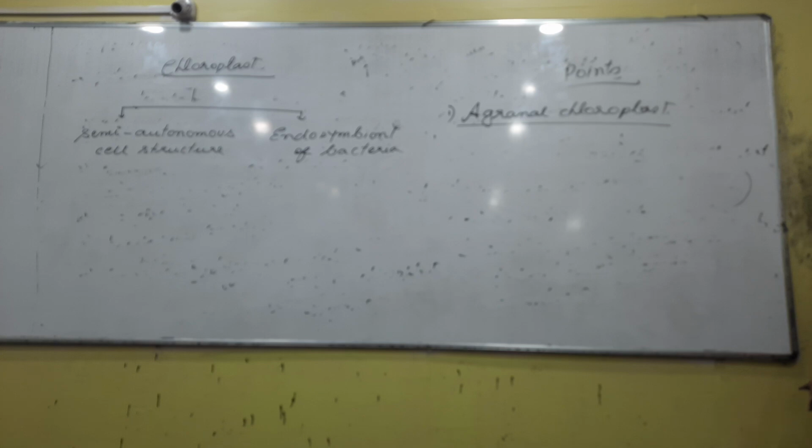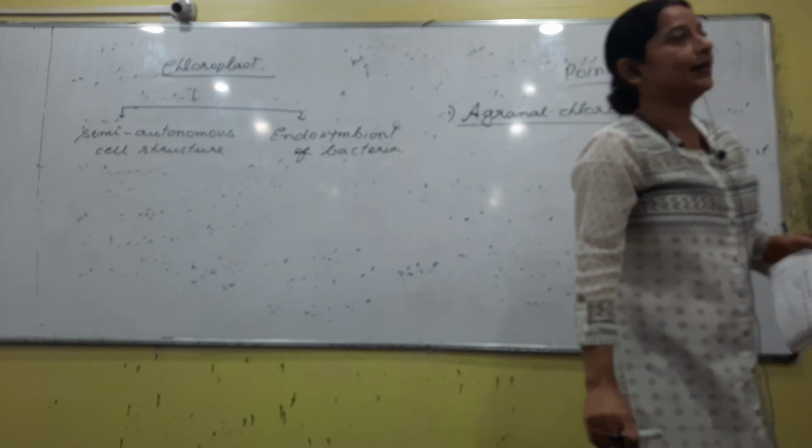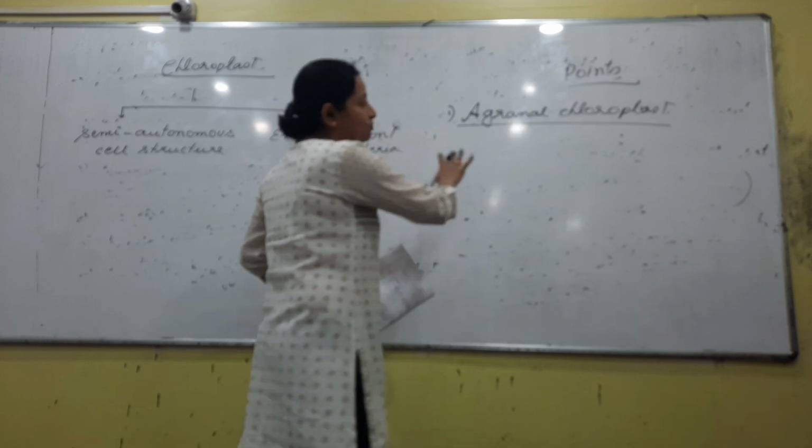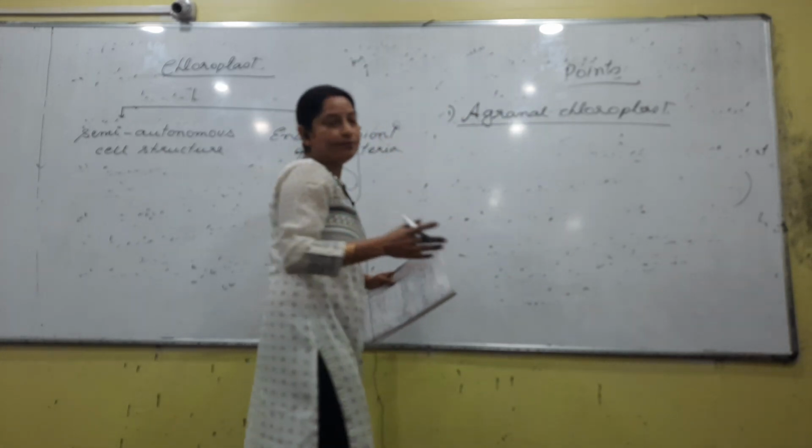There are certain cells inside the plant body where the chloroplast is present but the grana is absent, so the question is asked regarding that. Agranule chloroplast is found in a particular type of cell called bundle sheath cell, if you know about the C4 cycle. You have to know bundle sheath cells.